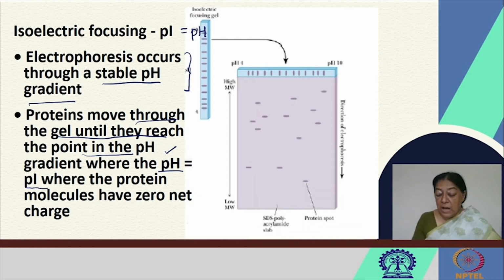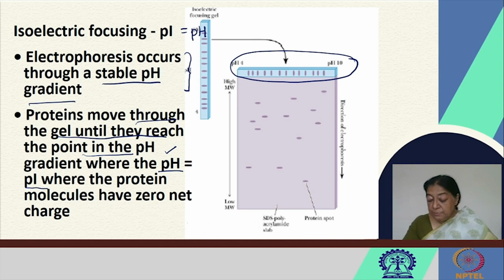So this is our ampholyte strip, as it is called, that has a particular pH range. Now, this is our isoelectric focusing gel, and we are looking at the movement through an SDS polyacrylamide slab.